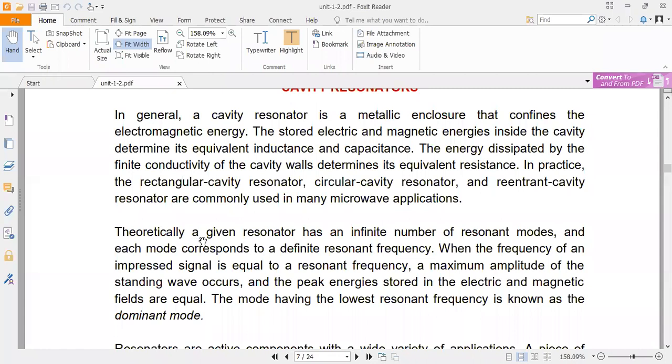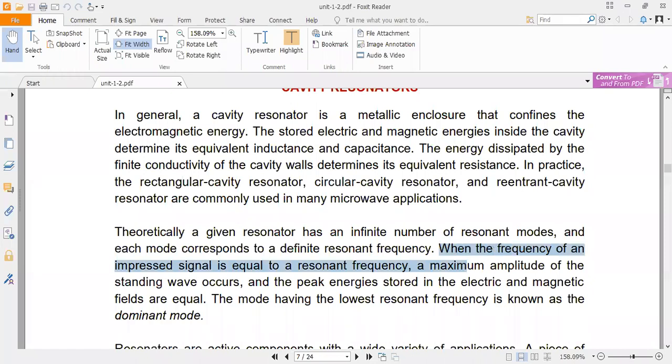Theoretically, a given resonator has a finite number of resonant modes, and each mode corresponds to a definite frequency. This is the point I am trying to convey: when the frequency of the impressed signal, that means the applied signal, is equal to the resonant frequency of the cavity, you get maximum amplitude.